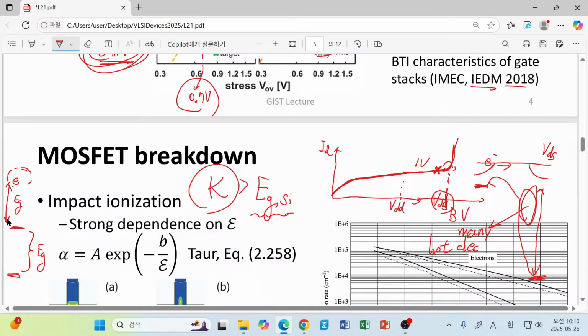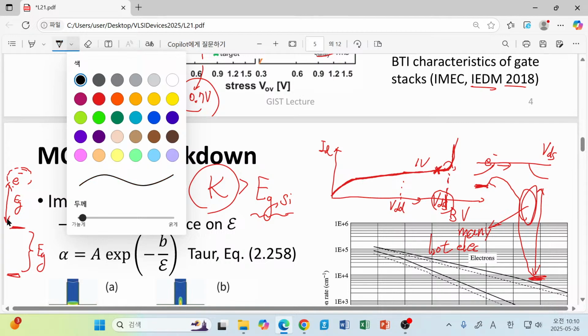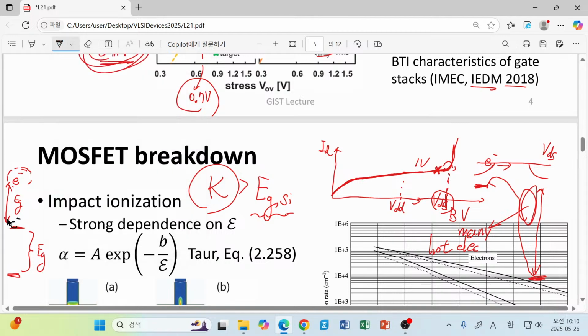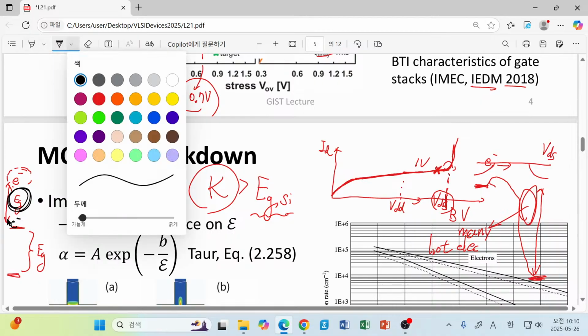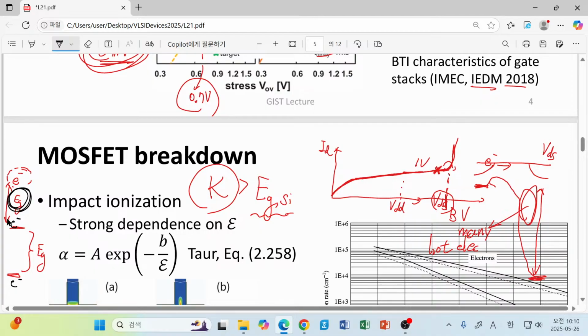In this case, this electron transfers its entire kinetic energy and becomes a cold electron. Then what happens to this lost energy? This lost energy is used to move one electron originally located in the valence band into the conduction band.